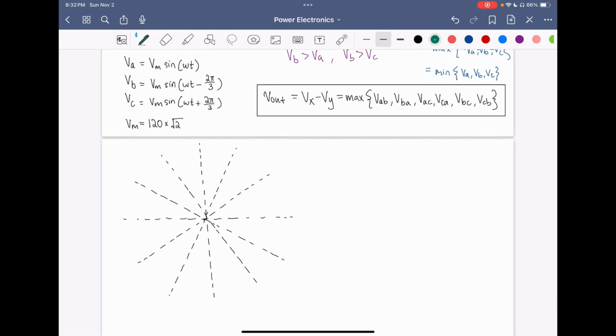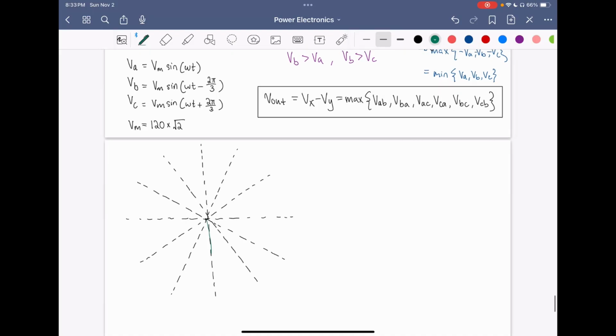It's important to keep in mind that we can draw our voltage sources as vectors in our complex plane. And the value of these voltage sources is going to be the projection of these vectors onto the real axis. So let's start off with VA. VA is going to be drawn with a vector that looks like this.